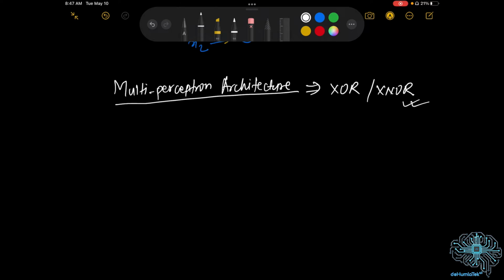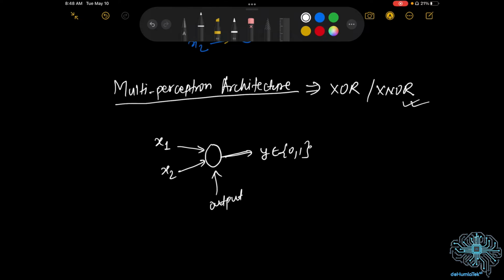Okay, so before that, we have to add one more hidden layer on the perceptron. Earlier there used to be just a single perceptron, with X1, X2. Initially there was only one layer, so this is the output layer, because this neuron is directly connected with the output.